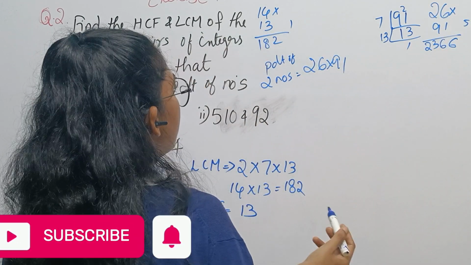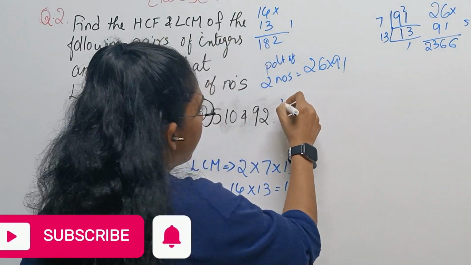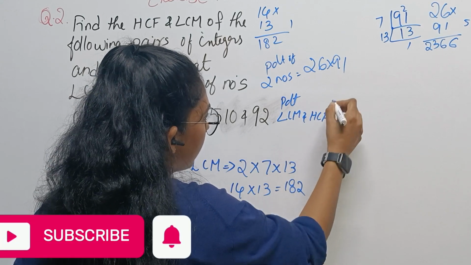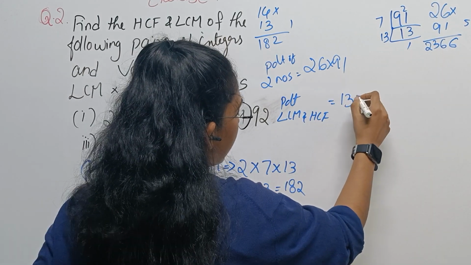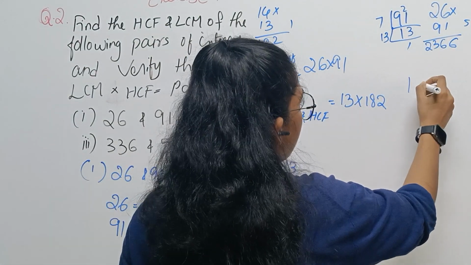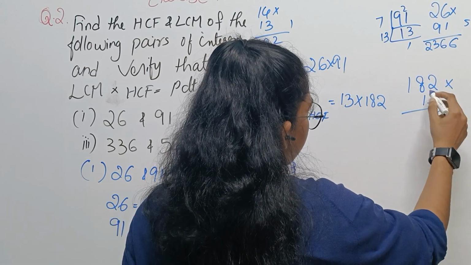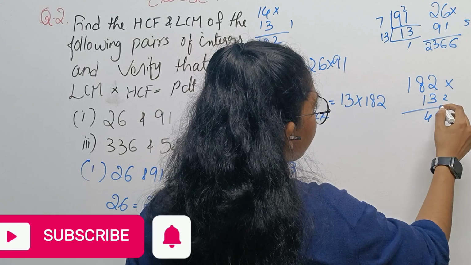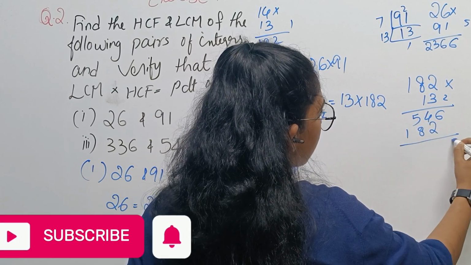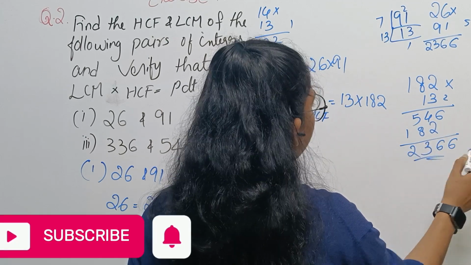Now the product of LCM and HCF is equal to 13 into 182. So let's multiply, 182 into 13, which gives 2366.